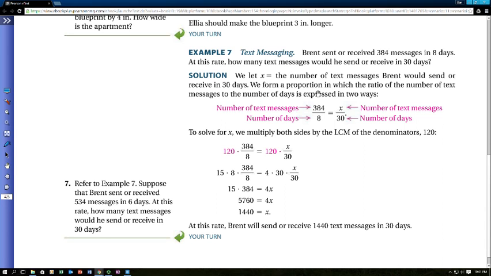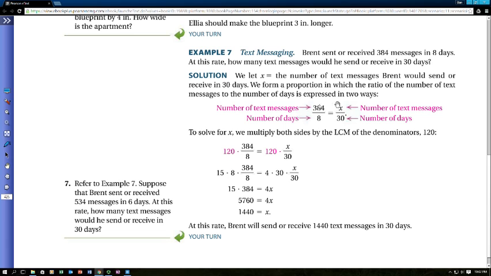So we form a proportion in which the ratio of the number of text messages to the number of days is expressed in 2 ways. One is 384 messages in 8 days, which was given to us. And then I have the amount of text messages that I don't know, which is x, over 30 days.